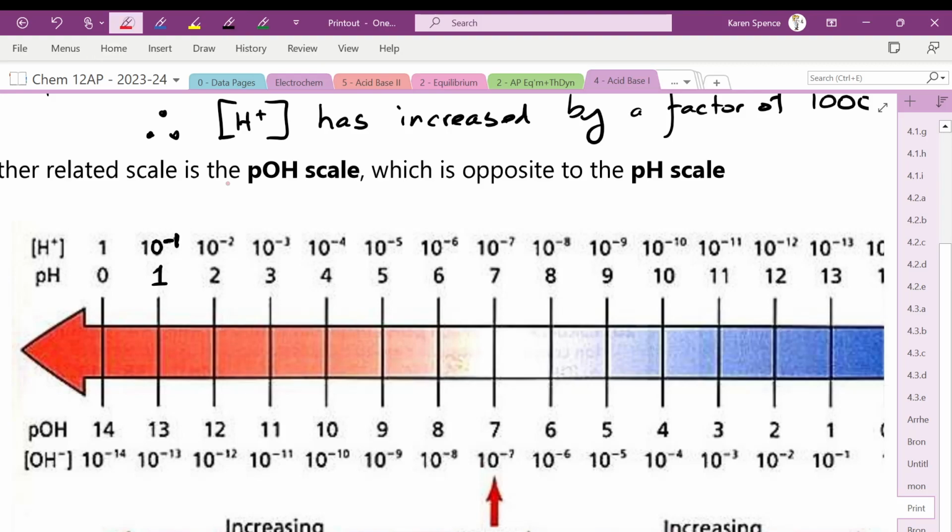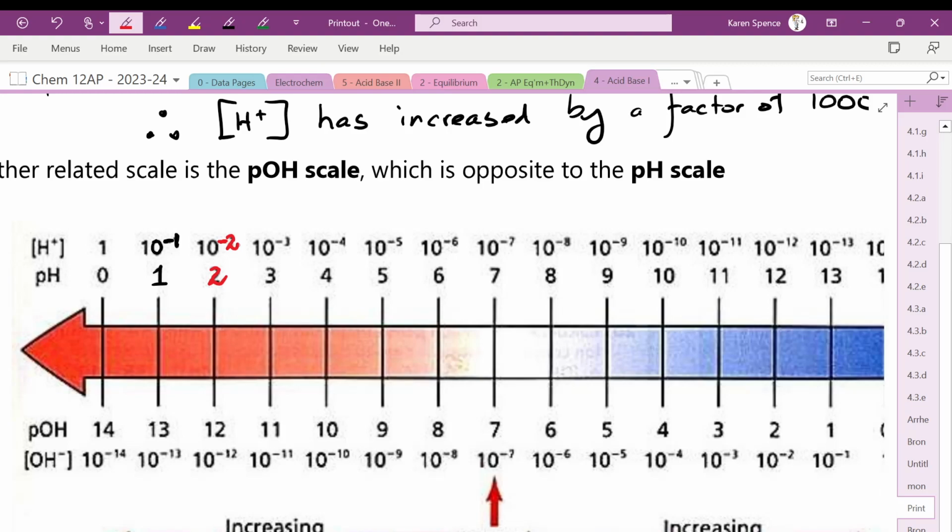At pH 2, concentration of hydrogen is 10 to the negative 2, and so on all the way up to 14 or beyond. But if we go to pOH, the scale reads the reverse way.